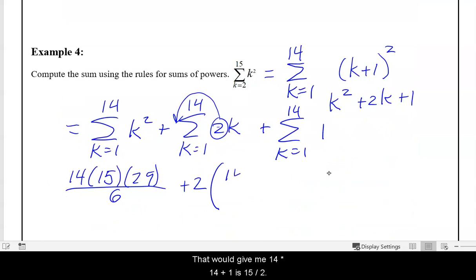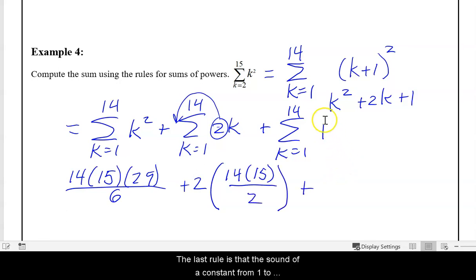That would give me 14 times 14 plus 1, which is 15, divided by 2. Plus, the last rule is that the sum of a constant from 1 to a finite number is the upper limit times the constant. 14 times 1 is 14.